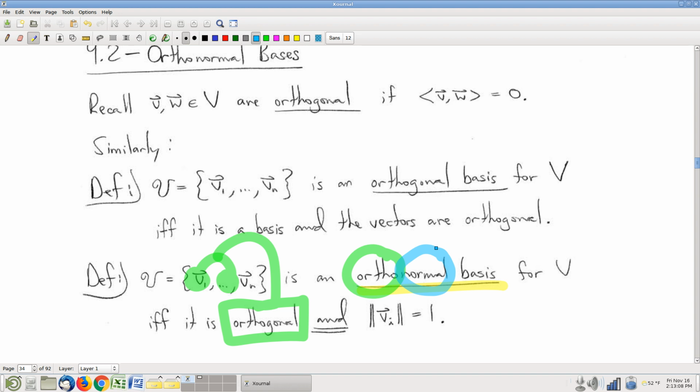Normalized means that their magnitudes are equal to 1. So these are two nice properties that vectors in a basis might have. Being orthogonal to each other turns out to be really nice. We're going to see why in a couple of minutes. Having magnitude equal to 1 is also a really nice feature. Again, we're going to see why in a couple of minutes. So, a basis that has both of these nice features, it's orthogonal and it's normalized, we just say orthonormal.